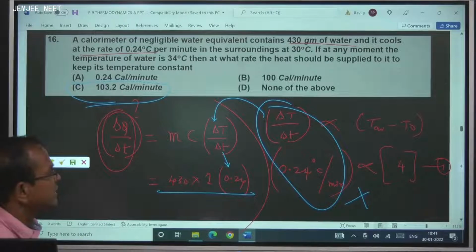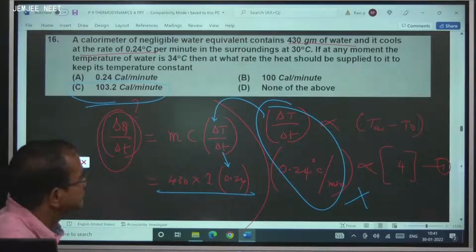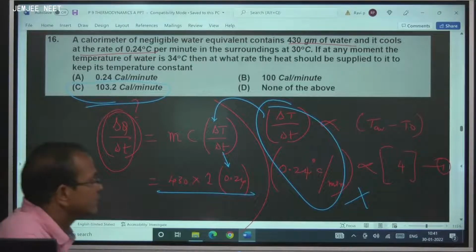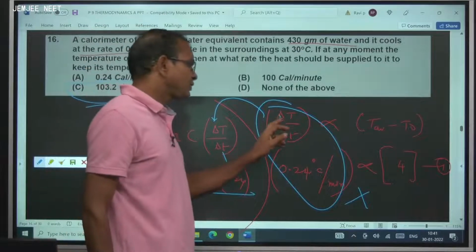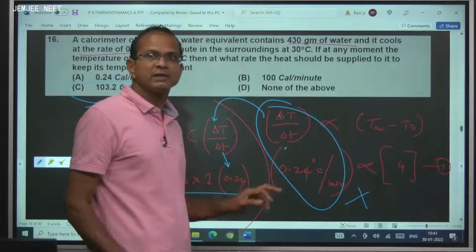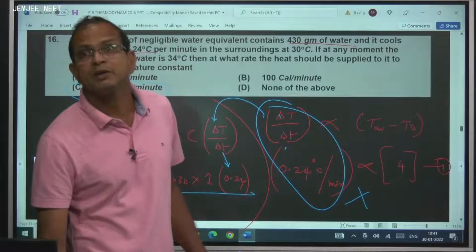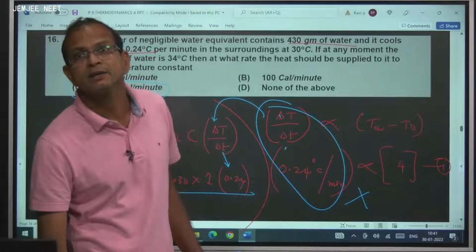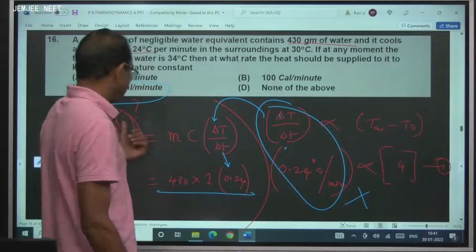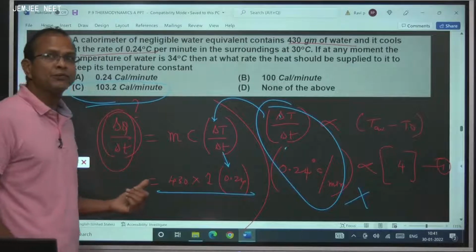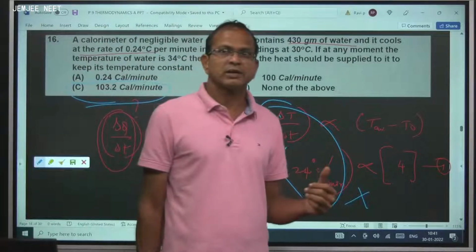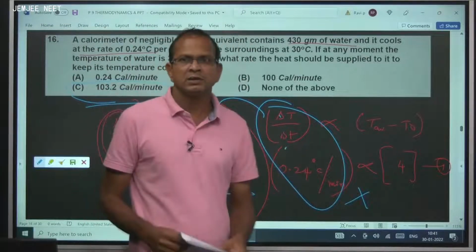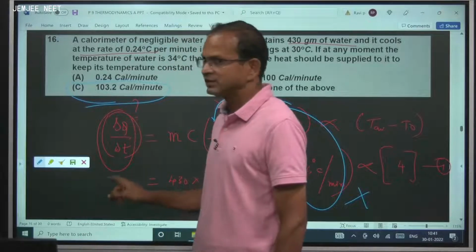Question number 16, I hope you understand. Try to understand. This is rate of fall of temperature, what we call as rate of cooling, right? This is rate of fall of heat. So rate of fall of temperature is different, rate of fall of heat is different.